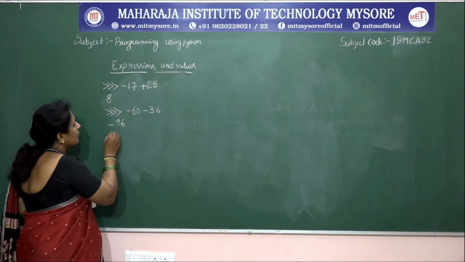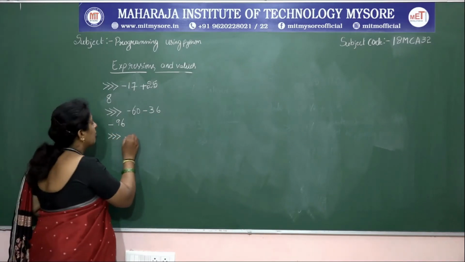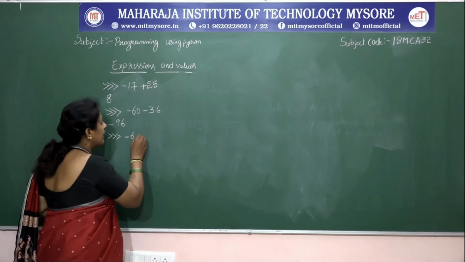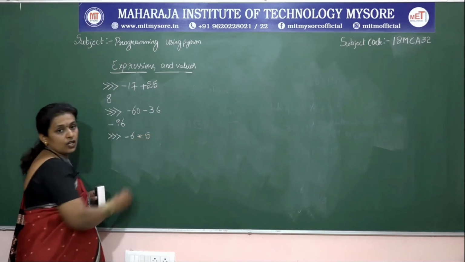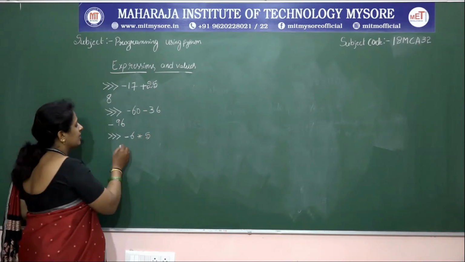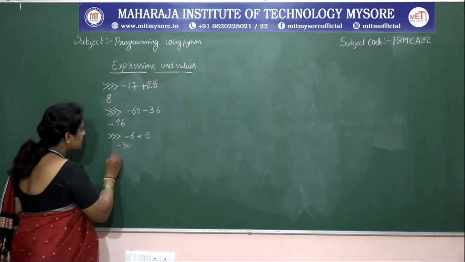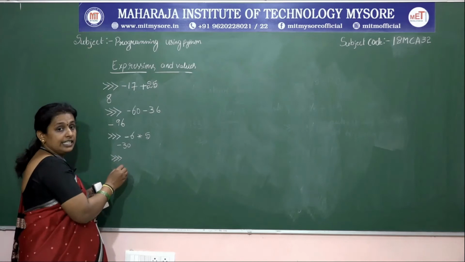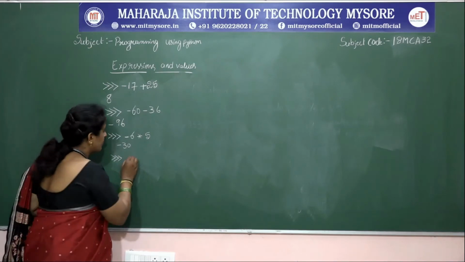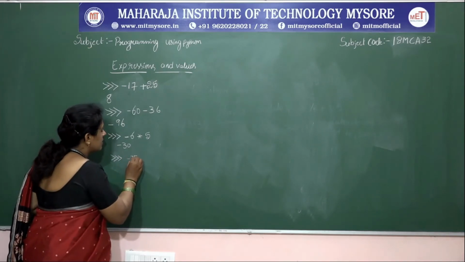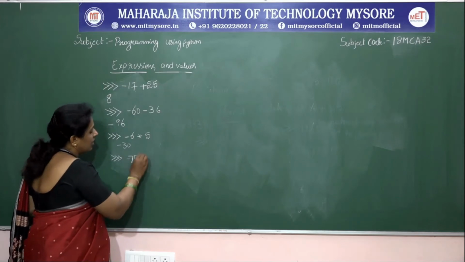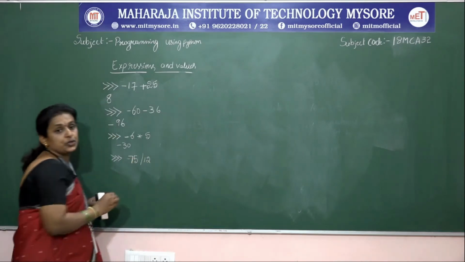Next I am going with multiplication. Minus 6 multiplied by 5. So you will get the answer as minus 30, right? Yes. Next it is negative division. Minus 75 divided by 12.